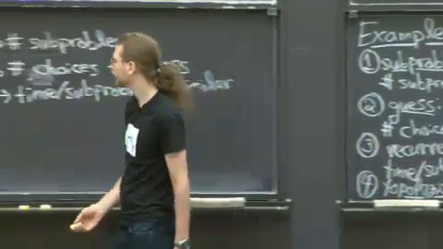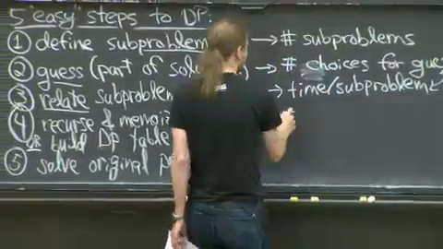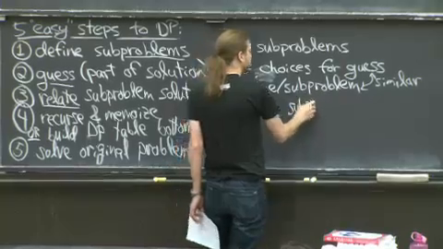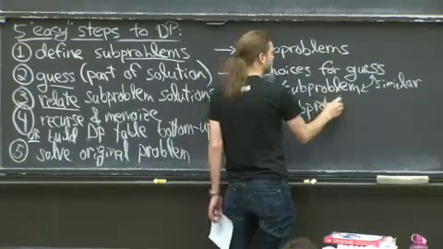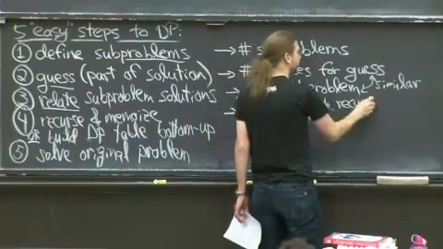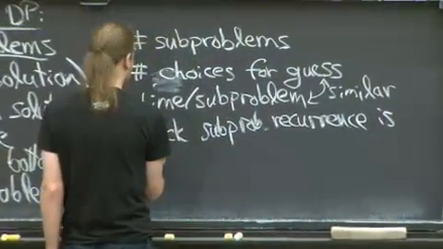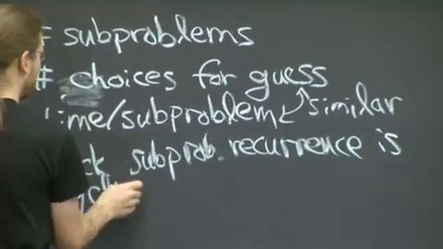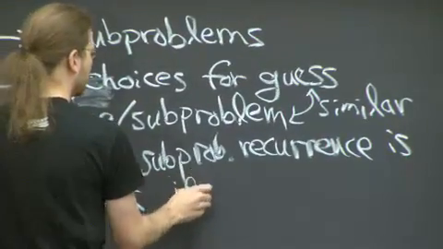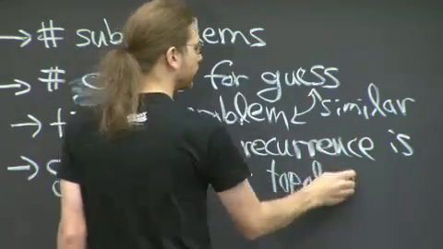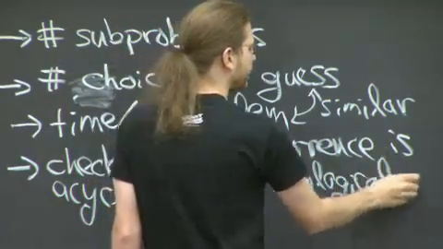And in general, what we need to check here is that the subproblem recurrence is acyclic. In other words, that it has a topological order, so we can use topological sort.